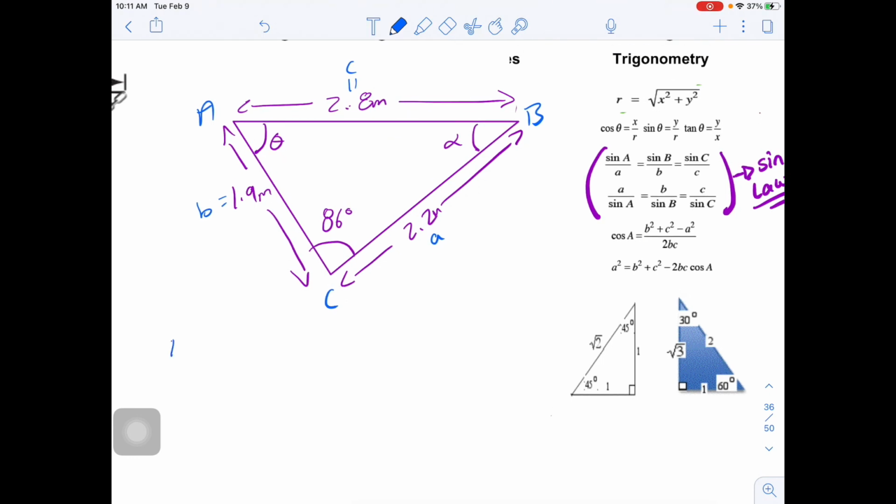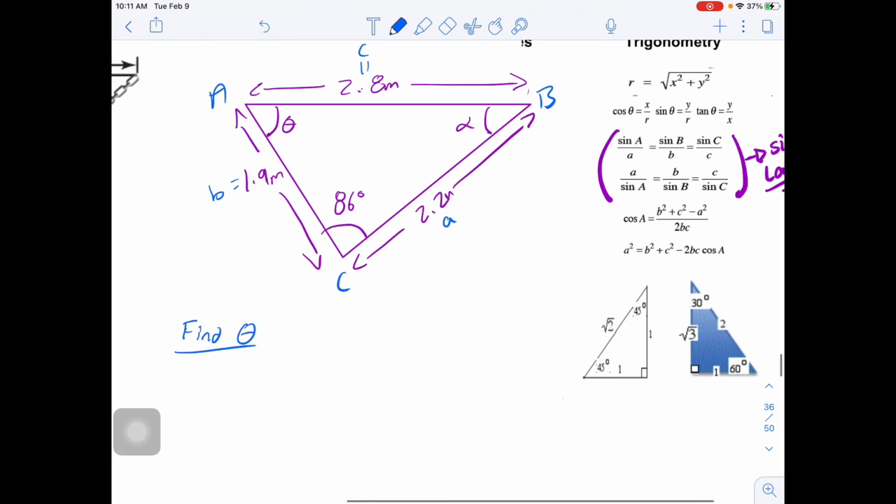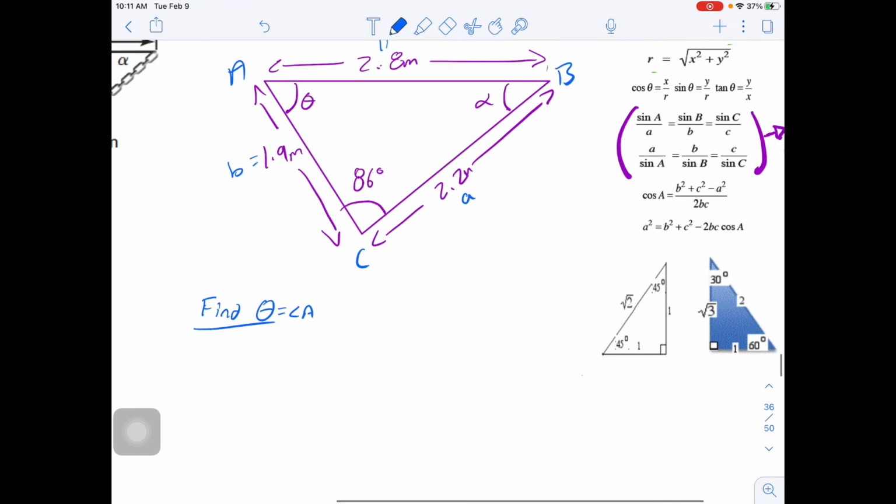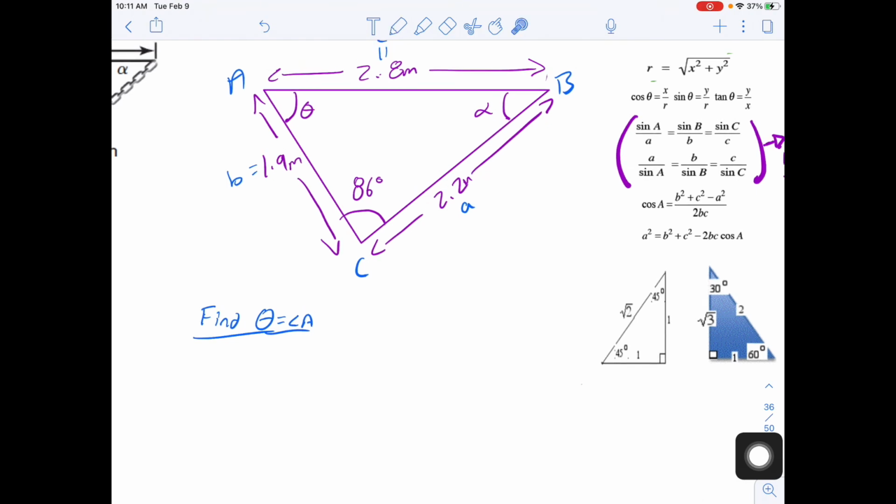So let's find theta, the angle here, which remember we've also notated as angle A at this point. Just to help us organize our work. Now, we're solving for an angle, so put the angles on top.